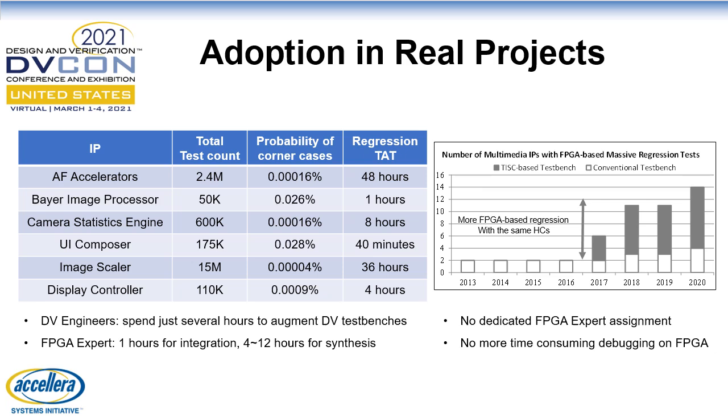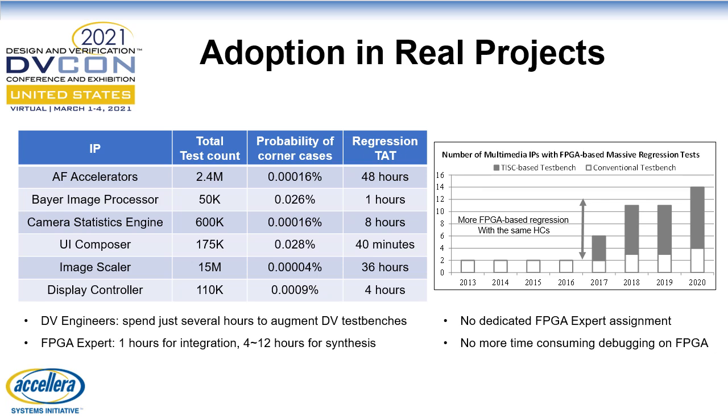By taking the new test bench architecture, FPGA engineers do not spend their time understanding IP specifications, writing and debugging test programs. So, the FPGA engineers can concentrate on their original mission, which takes only 1 hour for integration and up to 12 hours for synthesis, which means that the first FPGA regression test of an IP is ready in just a day.